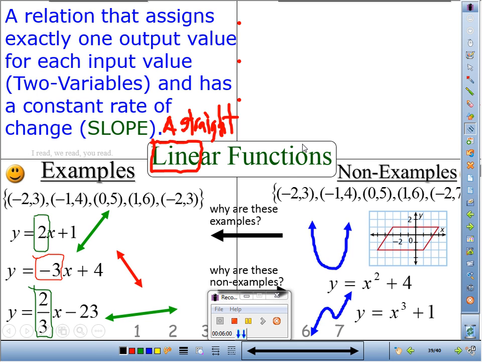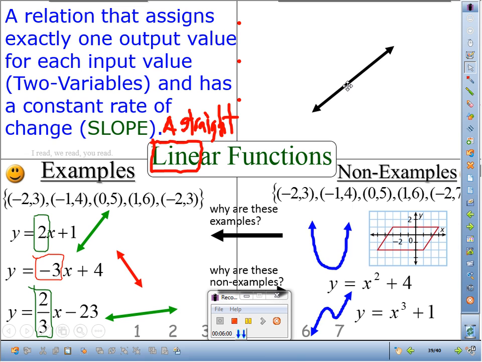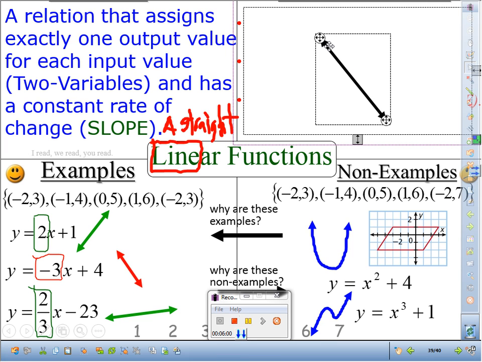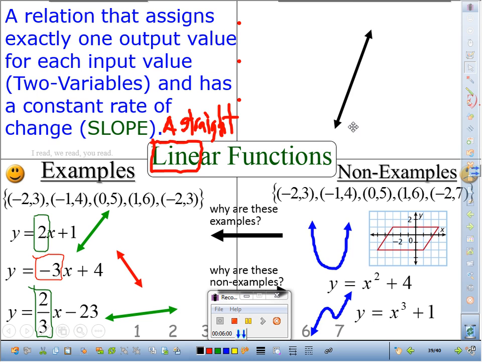look up, please. Let me show you a linear function. Look up. Is that a linear function? Yes, because it's a straight line. What if I turn it like this? Is that a linear function? How about there? Yeah. How about there? Yeah. How about there? Yeah.